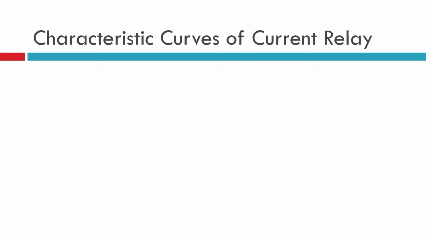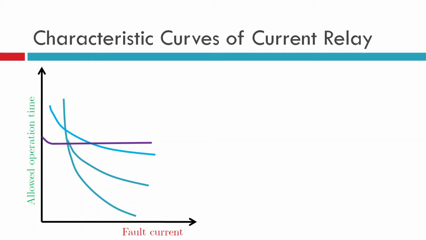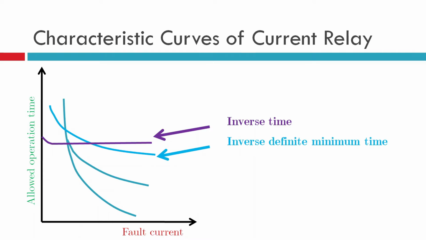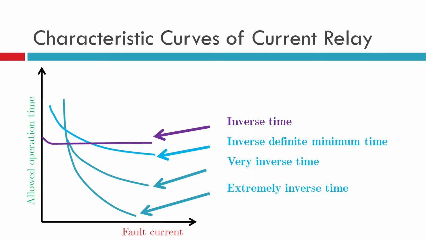Characteristics curve for current relay. You can see four curves here and they are for inverse time, inverse definite minimum time, very inverse time. It is a very important point to note down. Basically, in a similar magnetic circuit, I mean to say that the appearance of the magnetic circuit is same. Yes, the saturation level of the magnetic circuit is different, and thereby we can obtain these different types of four characteristics.